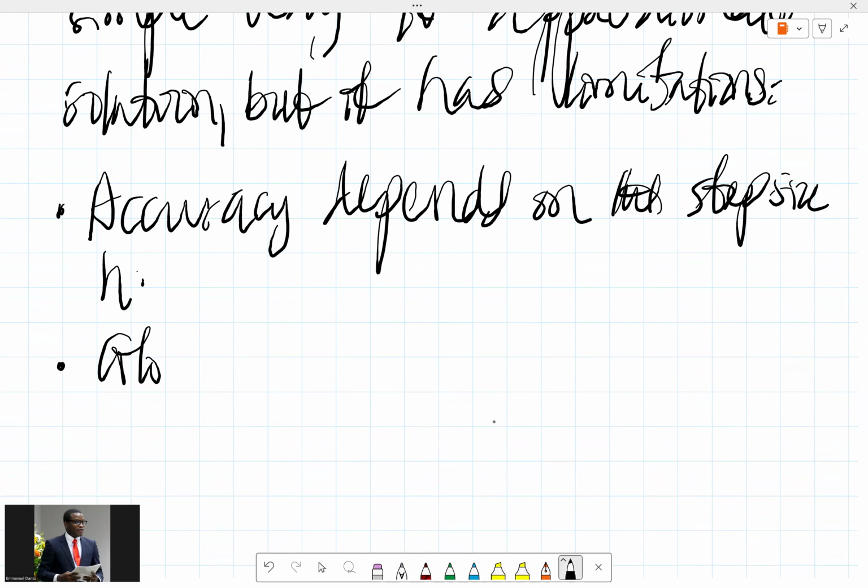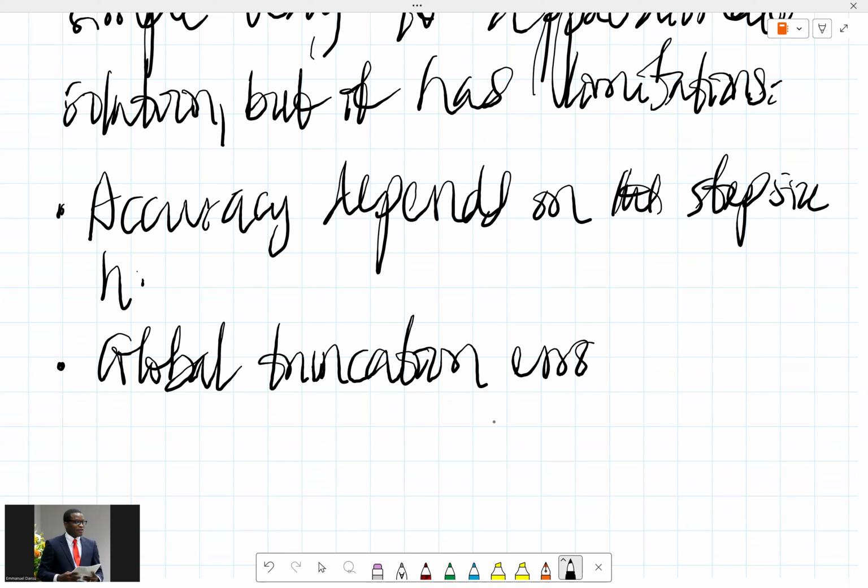Then the next thing is about the global truncation error. The global truncation error is big O of h. What that means is that errors accumulate with each step. So each step you take, errors accumulate.